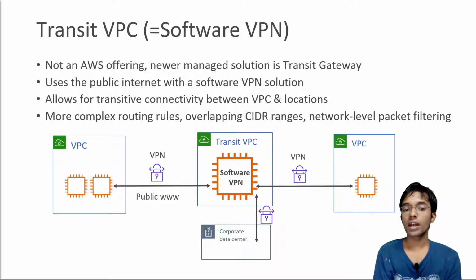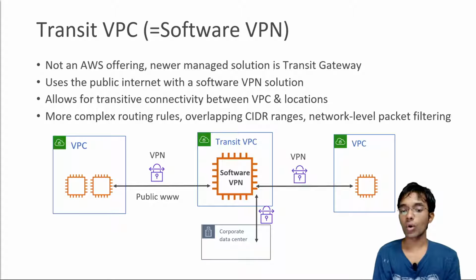Now that I have established all of this, we have transit connectivity between all the VPCs and the location, because we have entire control over the software for the VPN. The idea here is that we have to make all the traffic flow through that software VPN in my transit VPC. Because all your network traffic is going through your transit VPC, you have full control over complex routing rules.